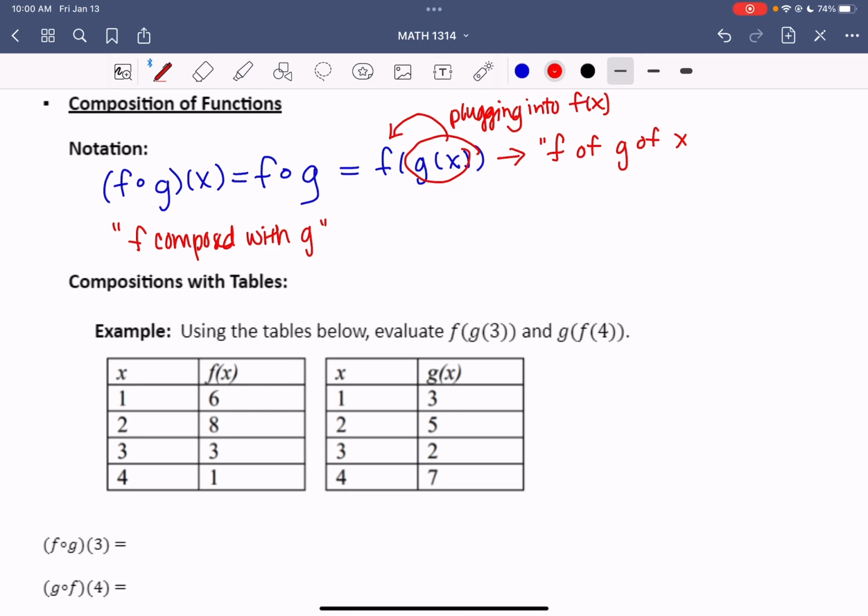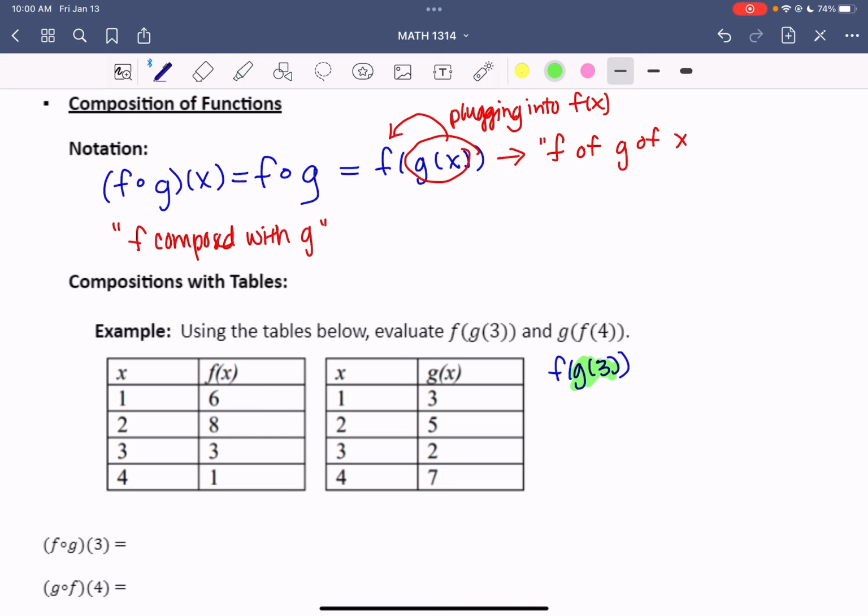The first thing that we're going to do is look at compositions over a table. As you can see, I have the example here of using the tables below, evaluate f of g of 3. And so the best way to approach this is we are going to work backwards with this. So let me write this out to the side so I have a space to write it in. First you're going to be faced with looking at g of 3.